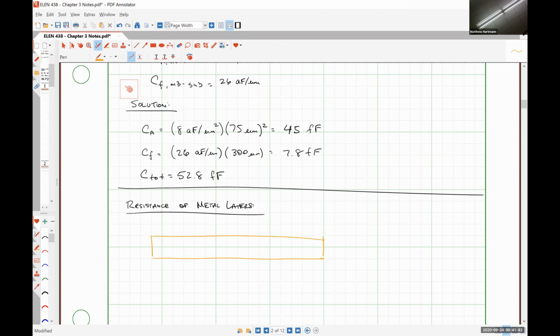And our wire is 3 lambda in width, and let's say it's 100 lambda in length.